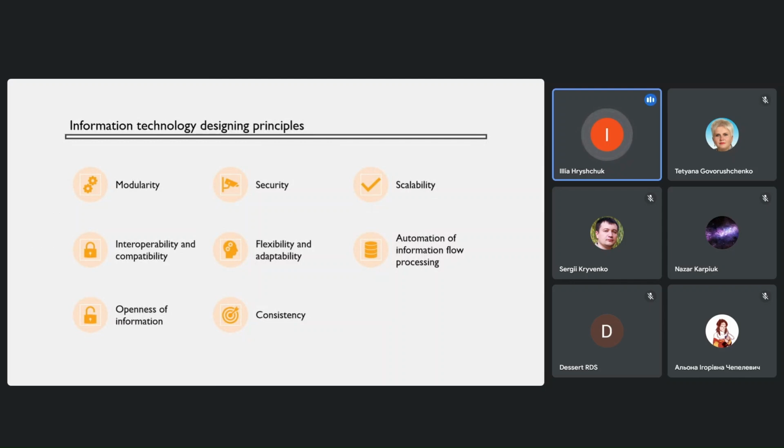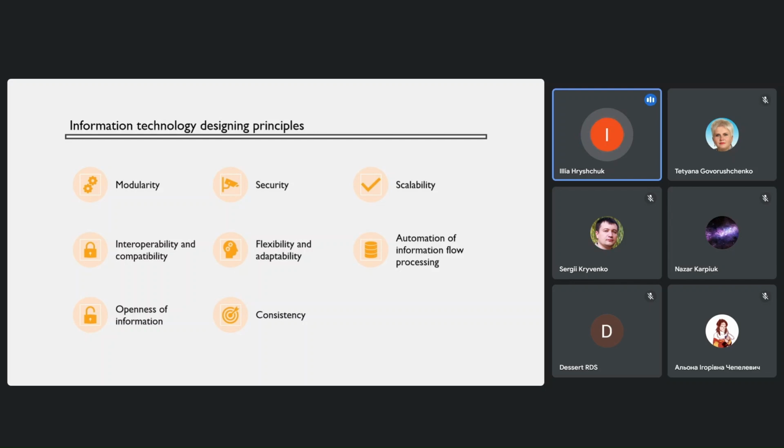It's also very important to strictly follow the principles of developing such an information technology, and we should ensure its efficiency, reliability, and security. One of them is modularity. For example, it's the division of information technology into independent components, and they should be designed, tested, and improved separately, which means it will be easier to make this technology more complex and at the same time more reliable.